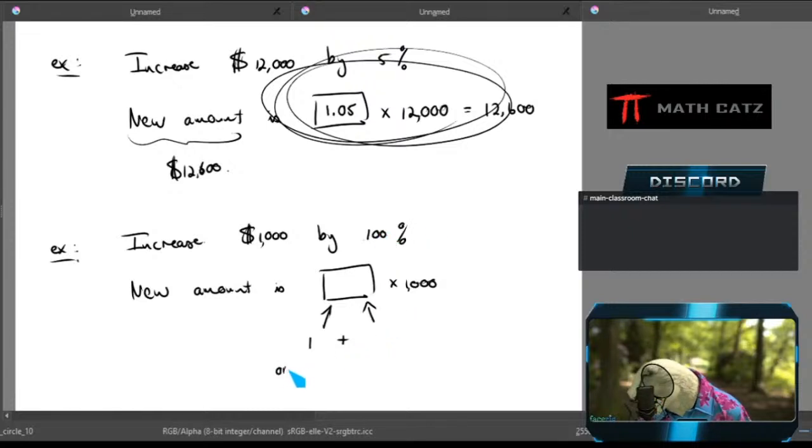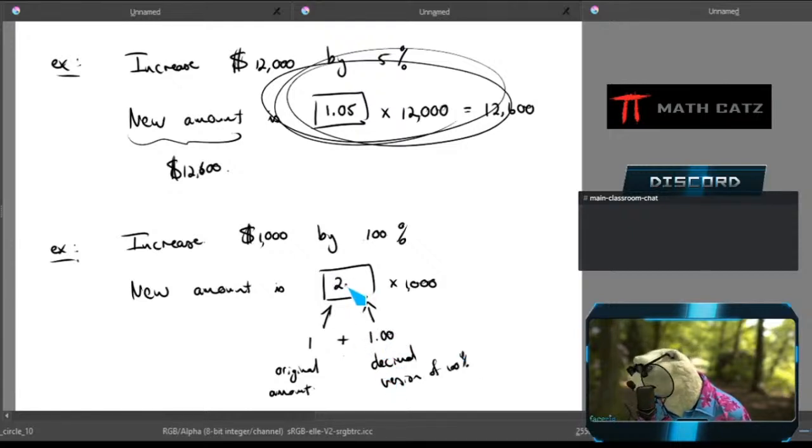So this is my original. I'm trying to write some stuff so that you can look back and it makes sense. I'm increasing, so the plus. I'm going to have the decimal version of the percentage. In this case, it happens to be 100%. That's also a 1, or 1.00 if you will.